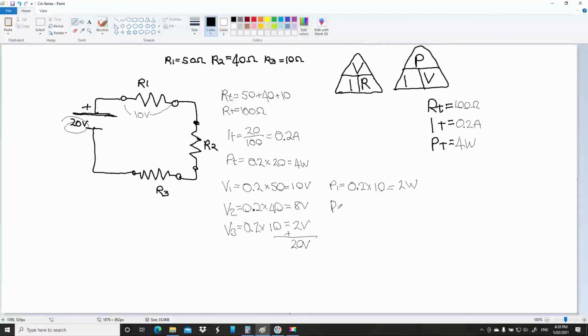P2 equals again 0.2 multiplied by 8 equals 1.6.